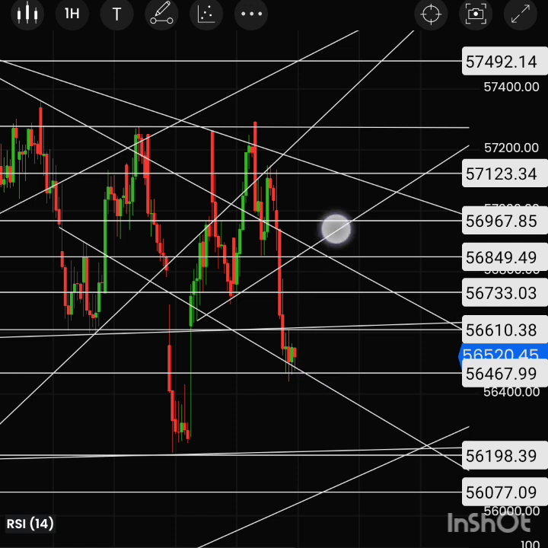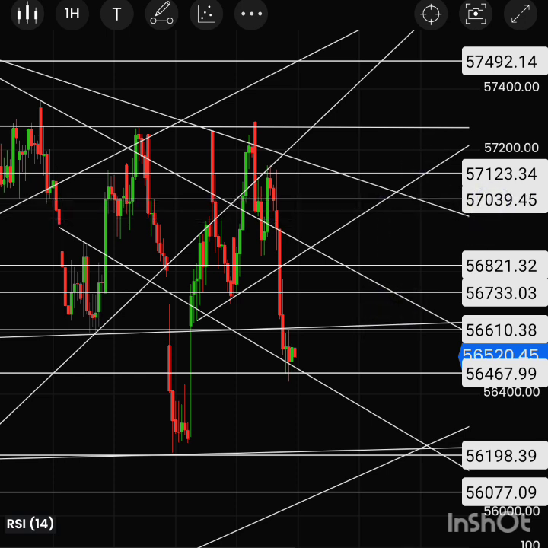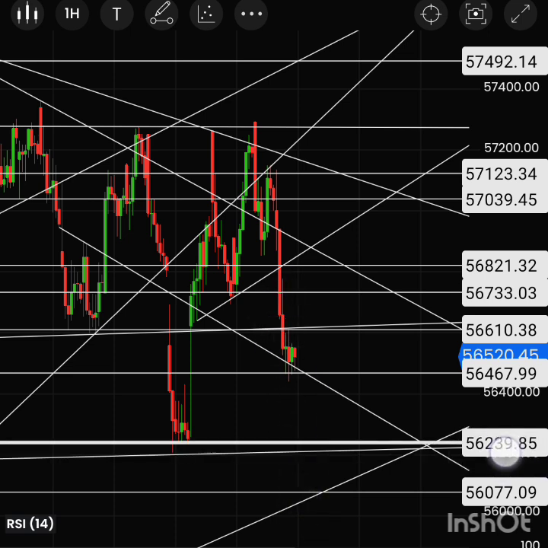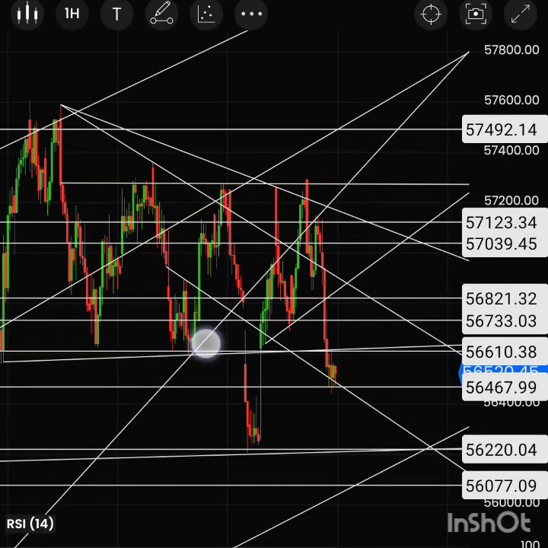It cannot move directly this way, so it might go here to 840 or somewhere else, then it can come down and move this way. The next resistance could be the 57,000 range. If we bounce back from here, this can move up to here. Otherwise we may have a downside fall here up to the 56,620 range, then 56,000 to 56,070 range. That's it for Bank Nifty.